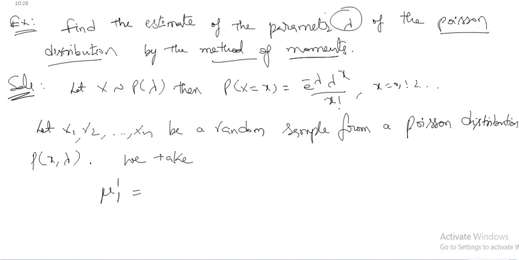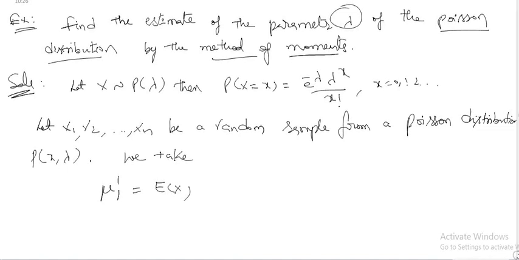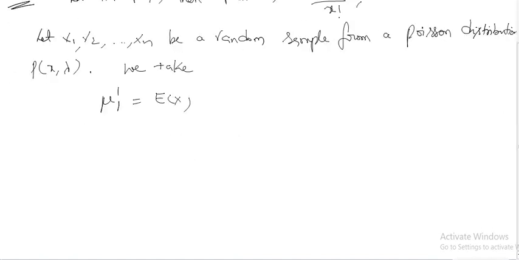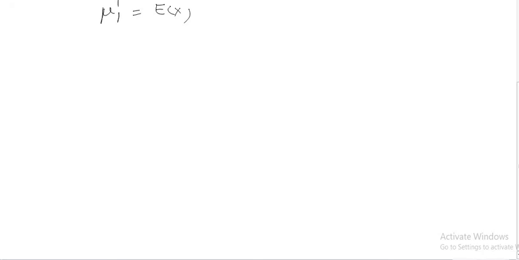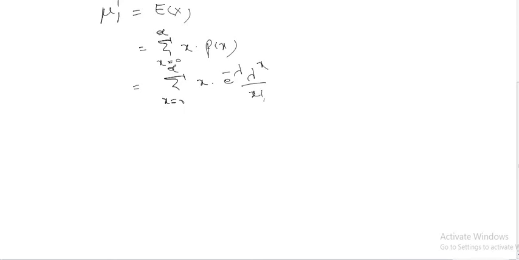So first find mu1 dash, that is the population mean. How will you calculate? Summation of x into p of x, x equals 0 to infinity, x into e to the power of minus lambda, lambda power x by x factorial.